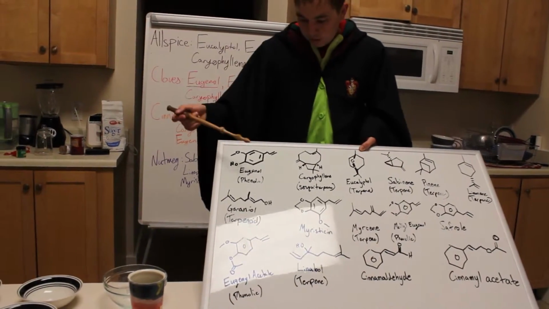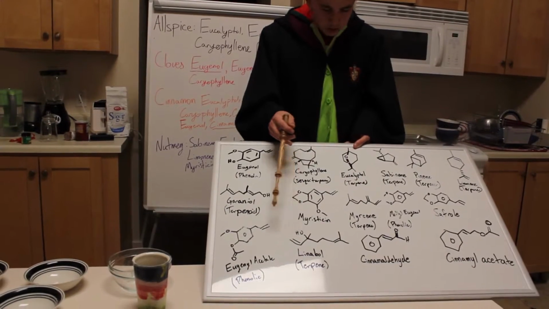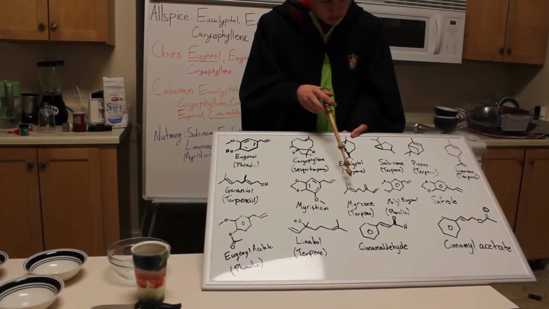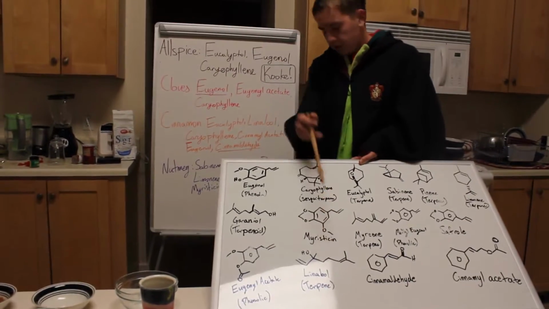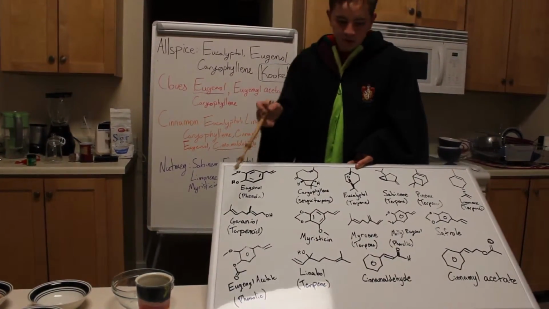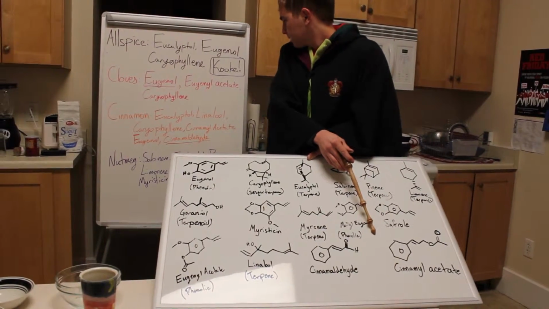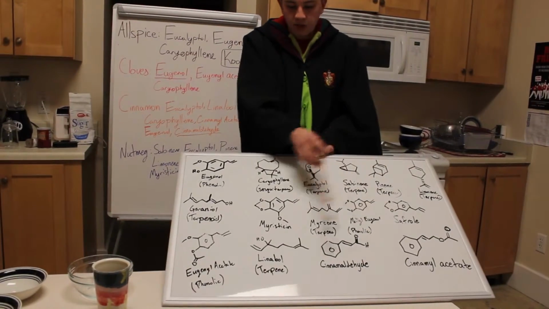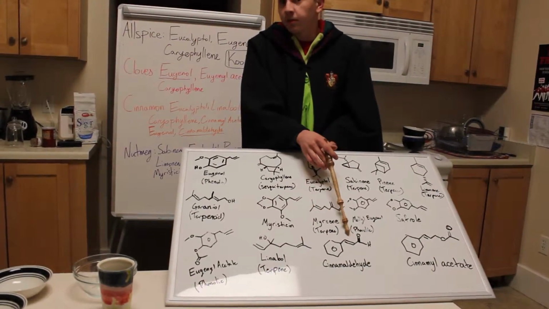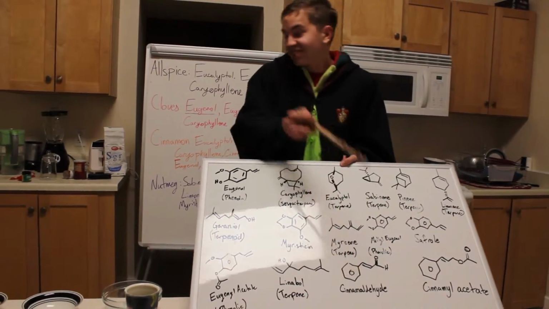We have eucalyptol, linalool, caryophyllene, cinnamyl acetate. That's cinnamon, isn't it? Yeah. Eugenol again, and then cinnamaldehyde, which is our big one for cinnamon. Kind of makes sense, right? Because cinnamaldehyde has cinnamon in it.